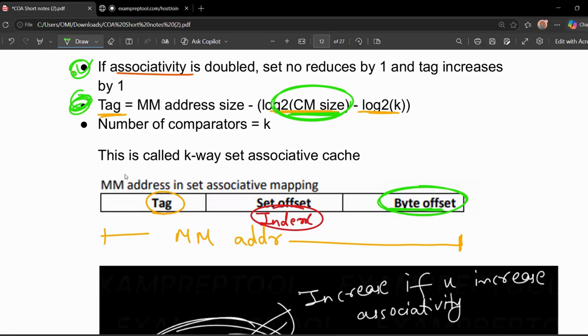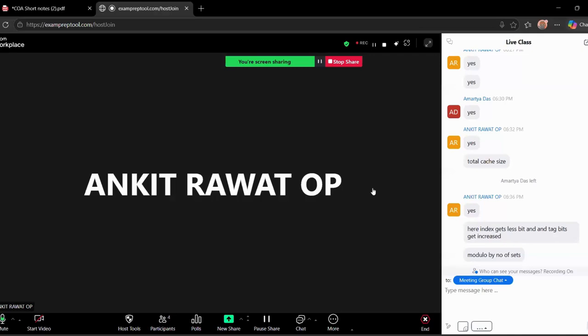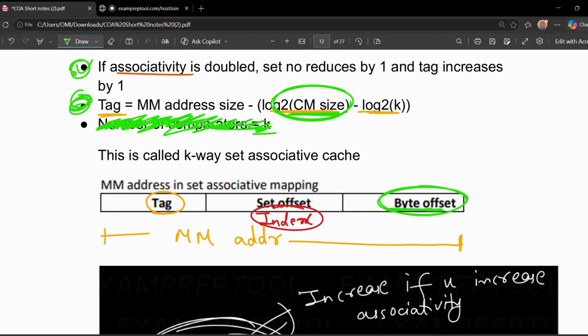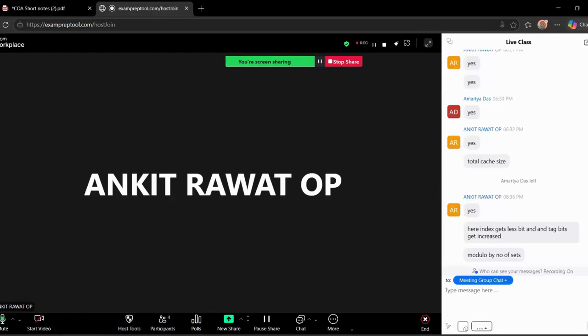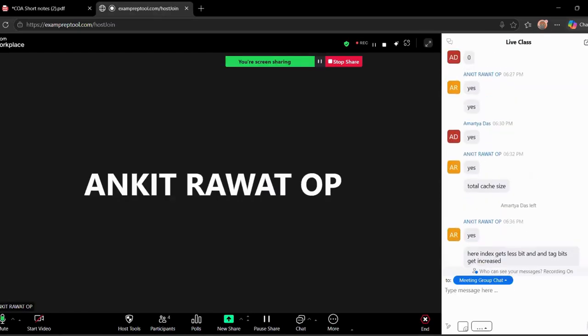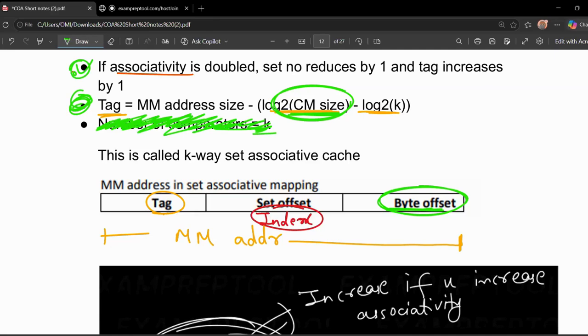Okay, and here the number of comparators required will be k. I think this is not very important. It should not be included in the short notes, because till now only one GATE question has been asked for the hardware side, like how it is implemented.